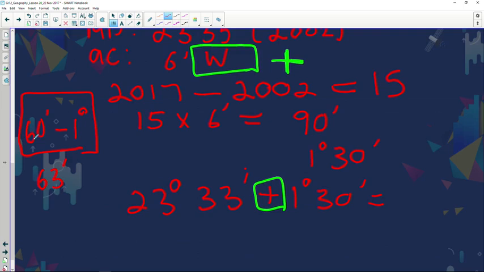But 63 minutes equals 1 degree and 3 minutes. So the answer equals 25 degrees and 3 minutes. And that's the reason it's not 24, but 25 degrees and 3 minutes.